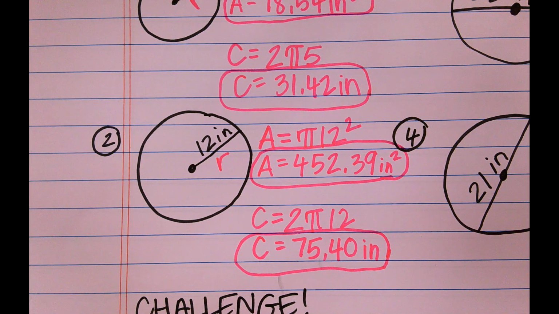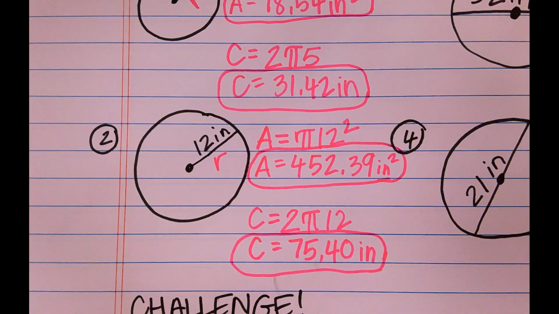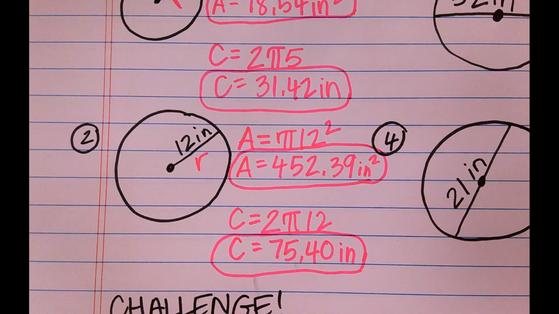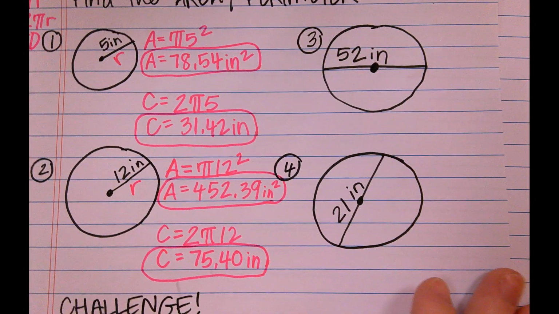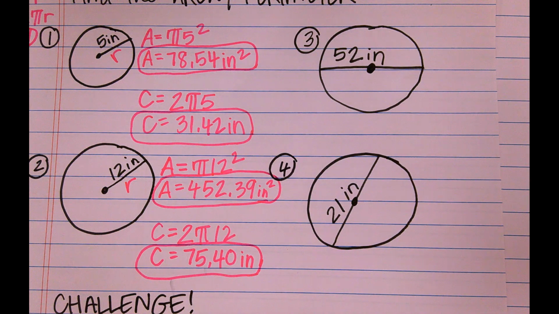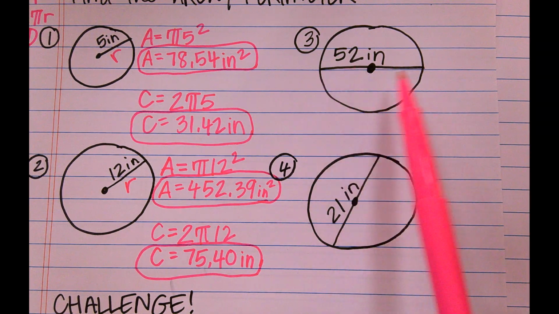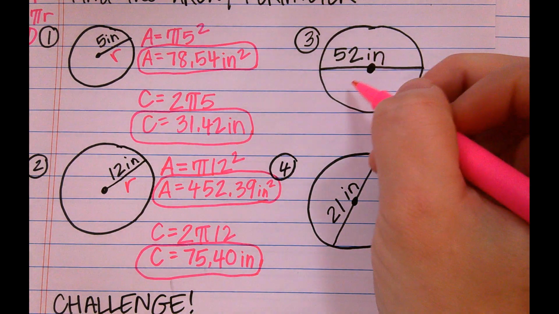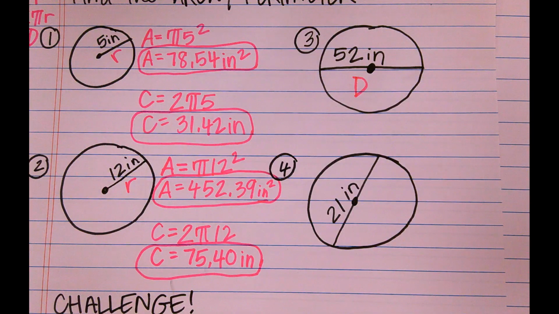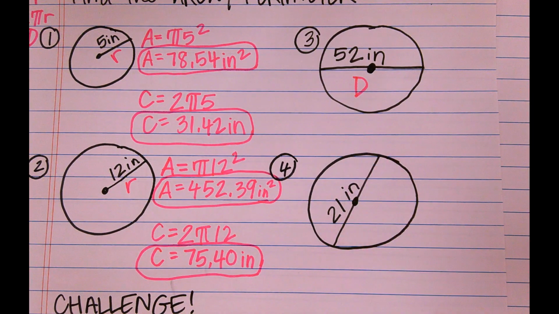Number 3 and 4, very similar, just ever so slightly different. A couple people still copying this down. I'll wait just a second. Let's go see those. Number 3. Now I am given a measurement of 52 inches. What measurement is being given here? The diameter. It's all the way across.